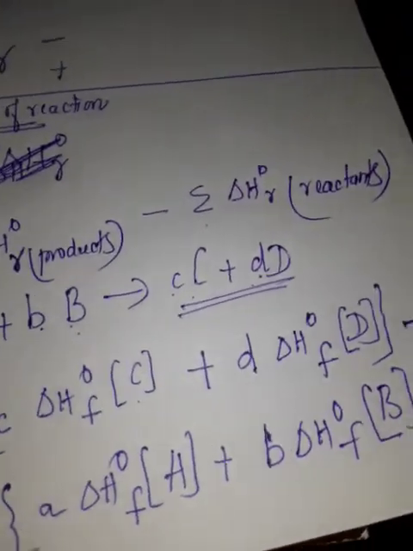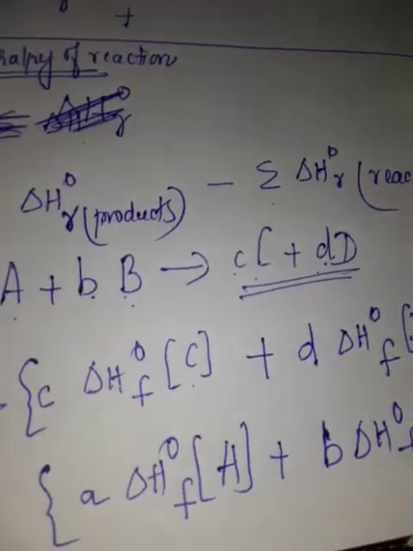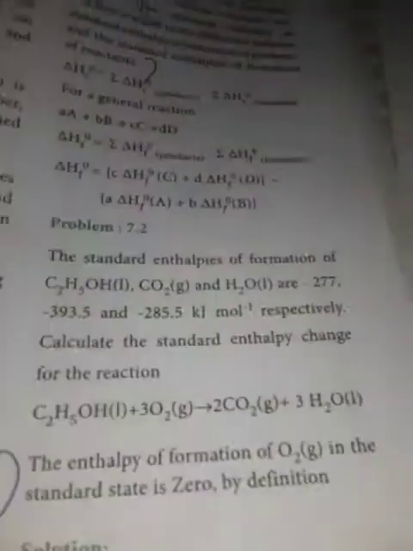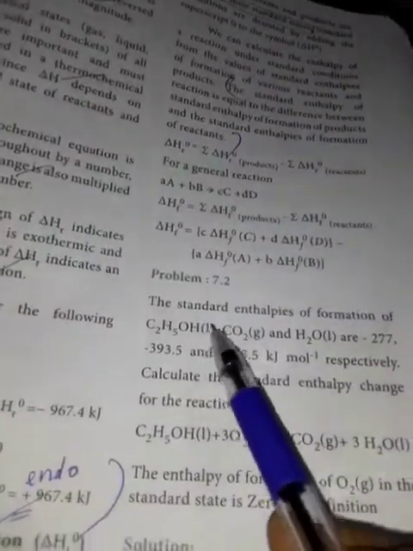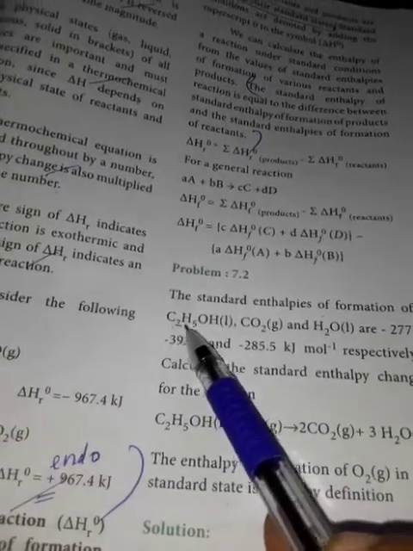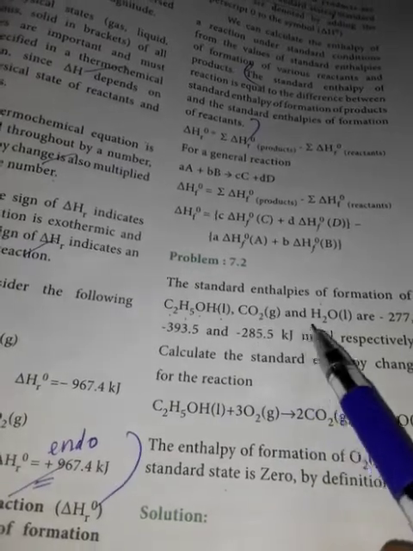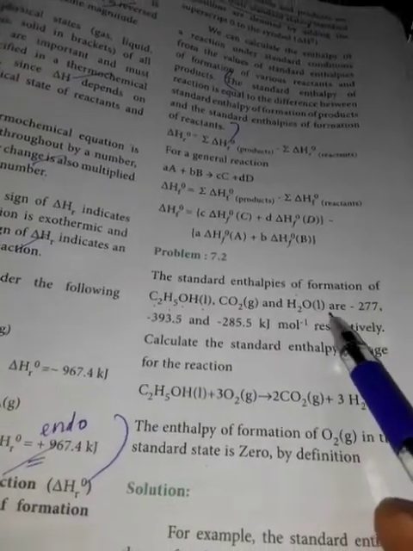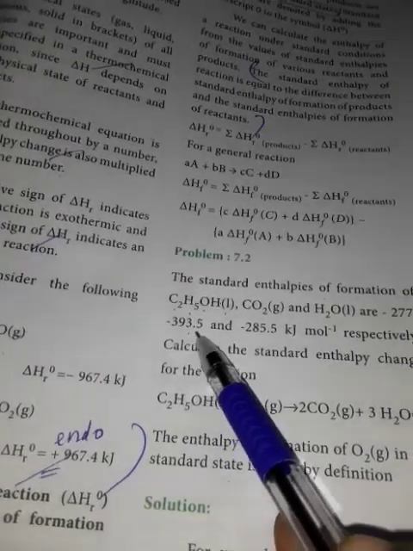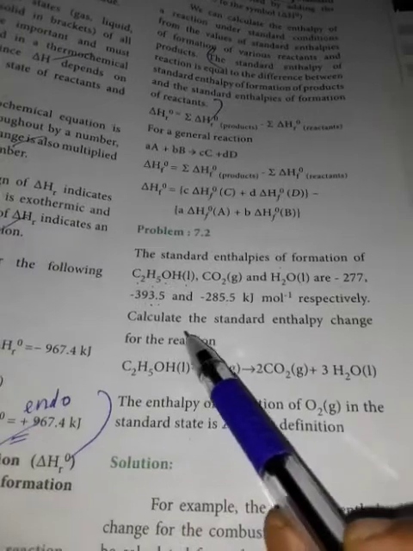Now we are going to work out one problem. I'll explain one problem, then you are going to do the other problem. See, here in your book a problem is given. The standard enthalpies of formation of C2H5OH liquid, CO2 gas and H2O liquid are minus 277, minus 393.5, minus 285.5 kilojoule per mole respectively.